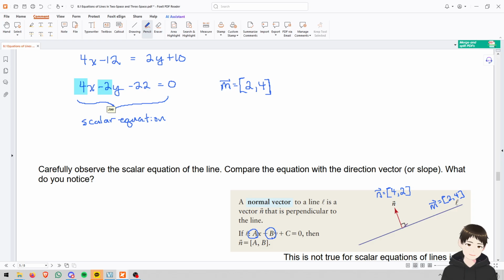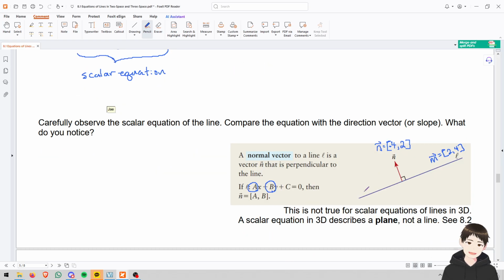So let's do that one as negative. The equation of my scalar would end up being negative 4x plus 2y, plus something which we'll figure out later. But it's really, really powerful to know that the normal directly shows up in the scalar equation. I'm going to show you some examples of that.